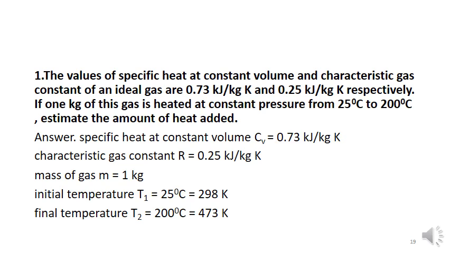This is the main difference between the constant pressure and the constant volume process. In the constant volume process, the heat transferred at constant volume is equal to the change in internal energy, which is equal to mCv (T2 minus T1).